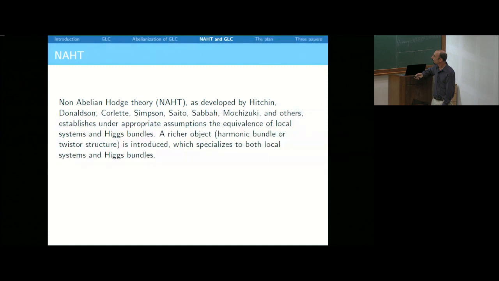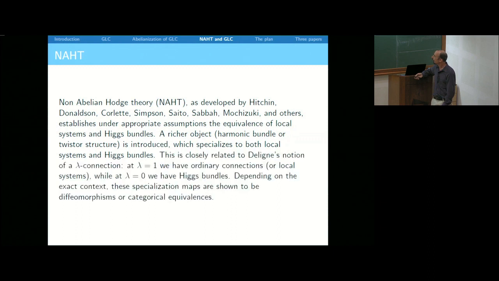It's done by introducing a richer object, the harmonic bundle or the twistor structure, depending on the author that you follow. So this structure is introduced, and it specializes to both the local systems and the Higgs bundles. So those are the Corlette part and the Simpson part of the story. And it's closely related to Deligne's lambda connections. Again, we've already heard that.